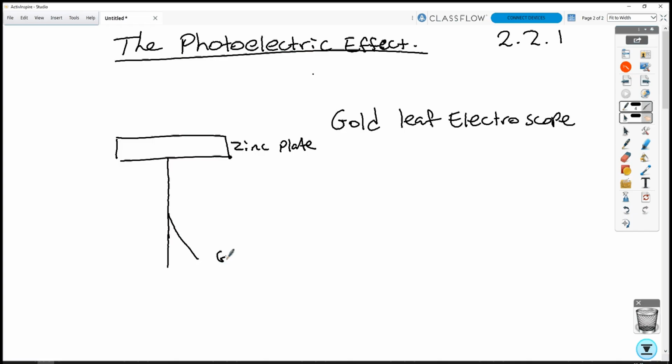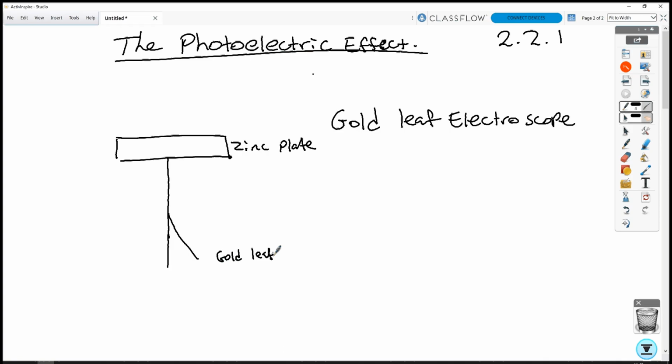And a gold leaf. Now, we use a gold leaf because gold can be made very, very thin by rolling it out. And under normal circumstances, that gold leaf that hangs off the edge of that metal bar will basically be completely vertical. Because under gravity, if I hold like a piece of foil up, it will hang vertically.